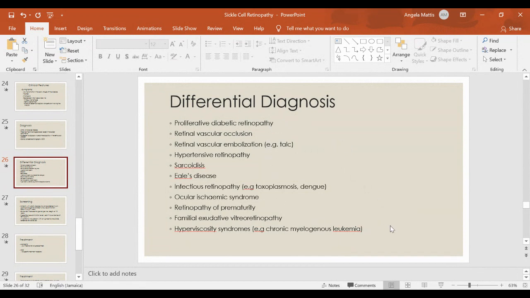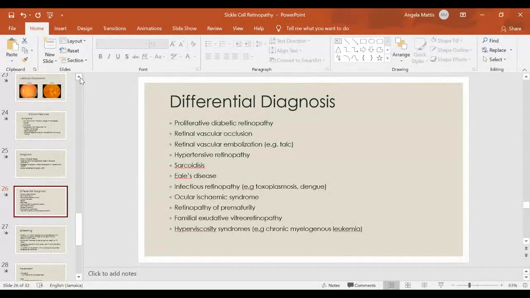Topping the list is diabetic retinopathy, or hypertensive retinopathy, or vascular embolization, or retinal vascular occlusion. The same slide I showed you, with central retinal vein occlusion, where we had hemorrhages in all quadrants. That's also a differential for sickle cell retinopathy.